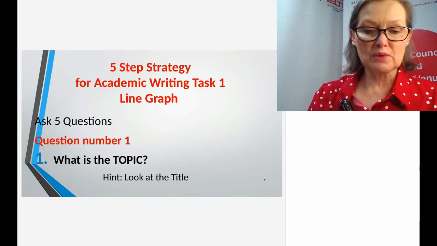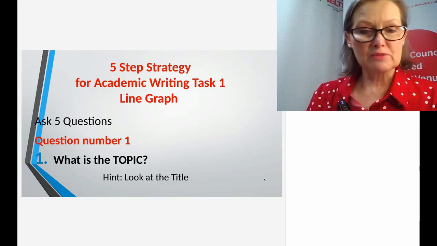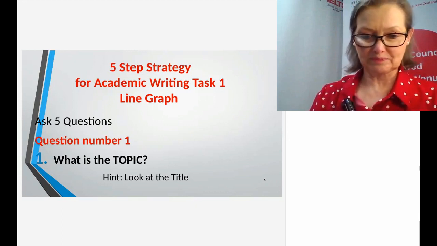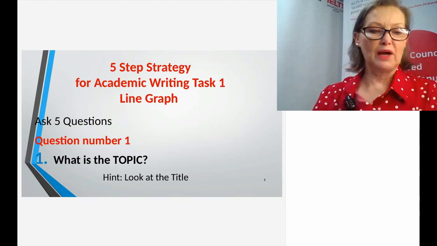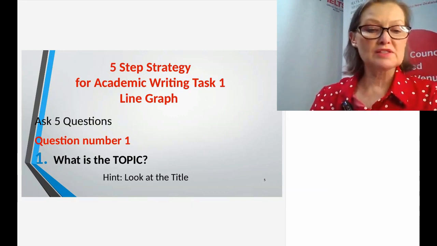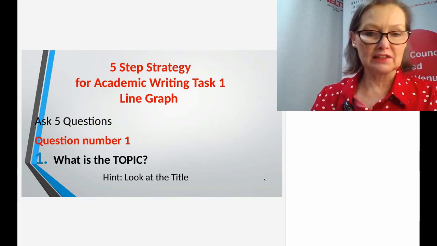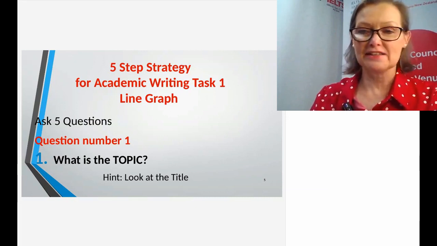And each one of these questions is targeted to make sure that I get the marks the examiner is actually looking for. So my question number 1 is, once again, what's the topic? And here the hint is, have a look at the title of the graph in the next slide.